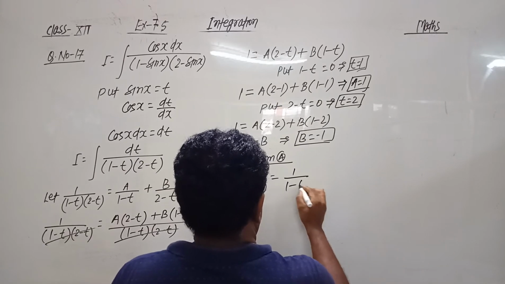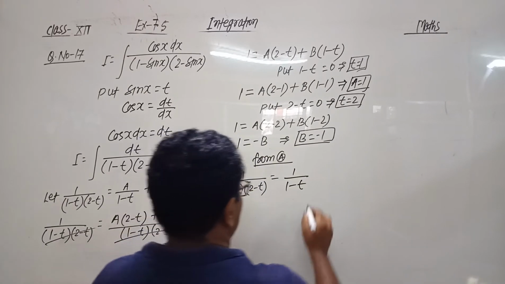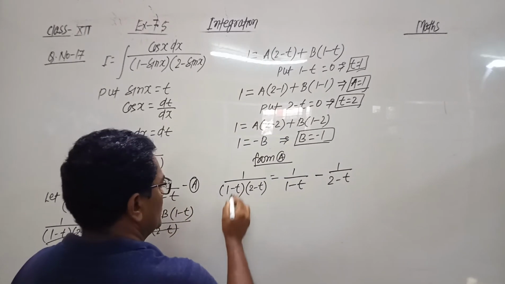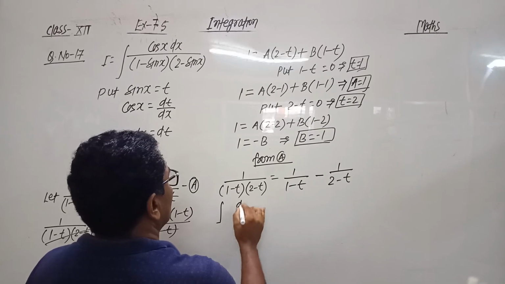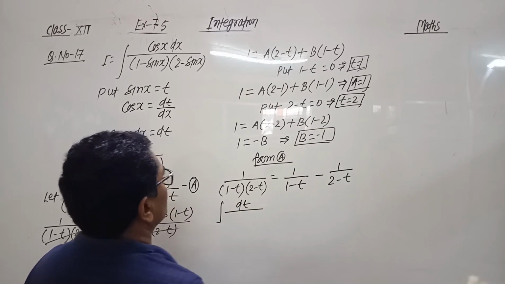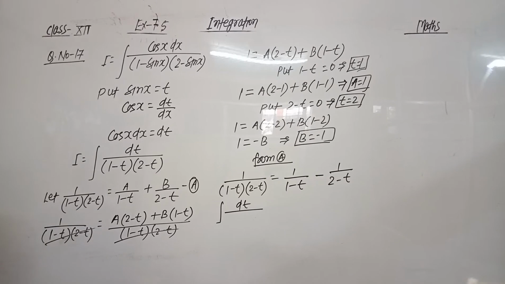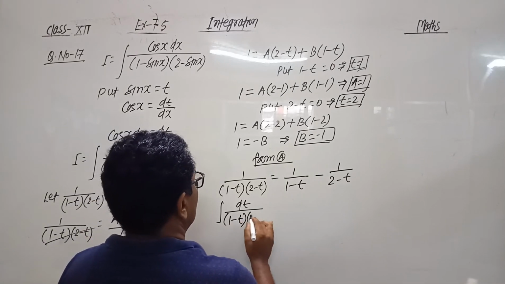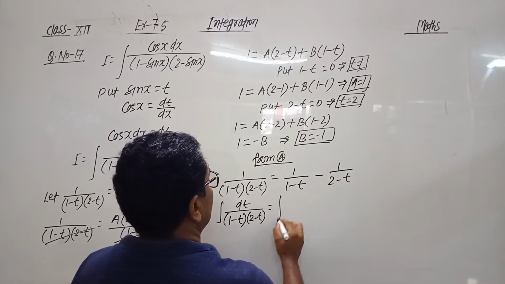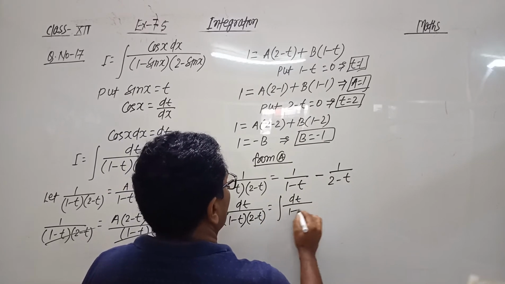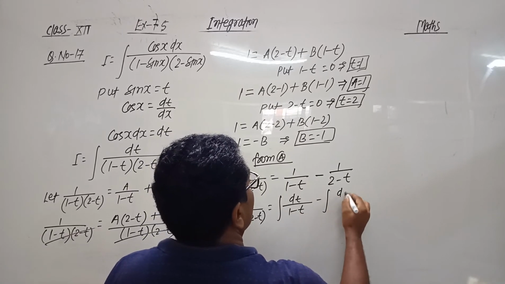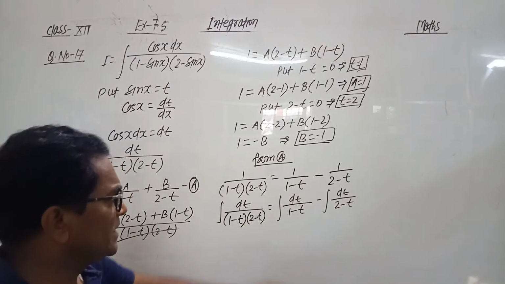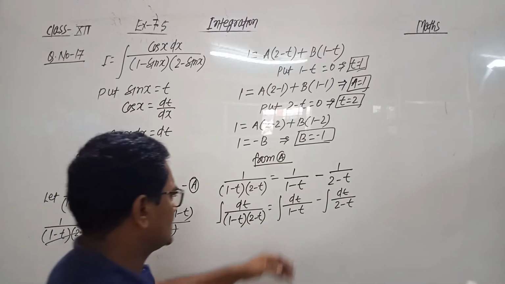So 1 upon 1 minus t, and the value of b is minus 1, so minus 1 upon 2 minus t. Now introduce the integration sign. So integration dt upon 1 minus t and 2 minus t equals integration of dt upon 1 minus t minus integration of dt upon 2 minus t.